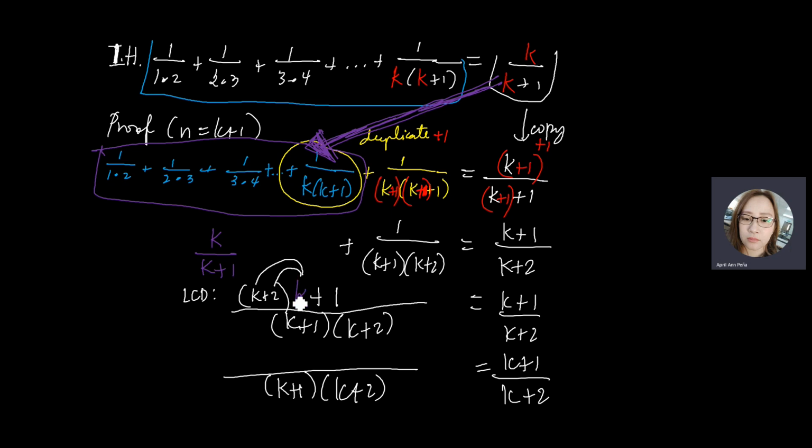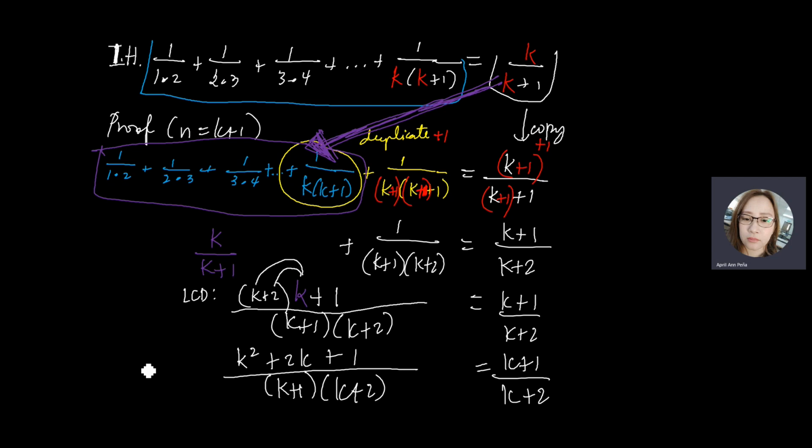So you distribute the k to the k plus 2. So it will become k squared plus 2k plus 1. After this, you need to find a way to make it look like k plus 1 over k plus 2.